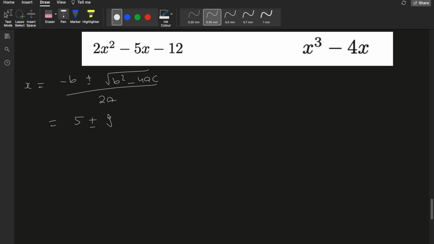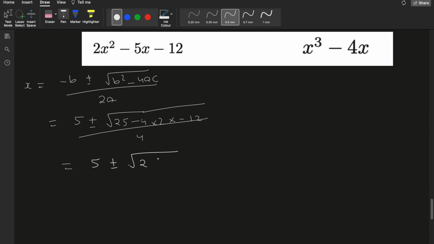So plus or minus 5 squared is 25, minus 4 into 2 into negative 12, divided by 4. So this is going to be 5 plus or minus 25 plus, this is 48 into 2 would be 96, divided by 4. And now using the calculator, I'm just going to find this.